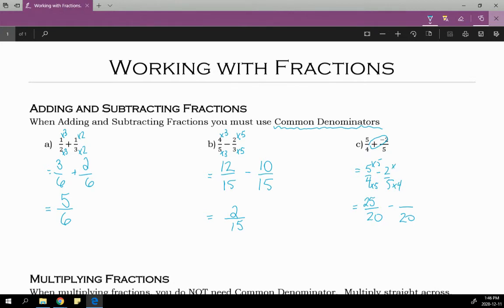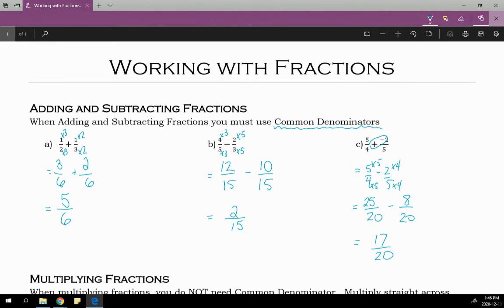So I'd also need to multiply my numerator by 4, and 2 times 4 is 8. Okay, so now when I subtract this, my denominator will stay the same. I'm still going to have a denominator of 20, and I have 25 subtract 8, and so that will be 17.